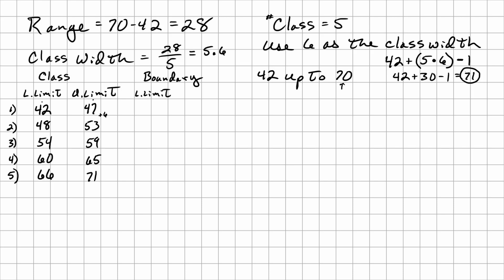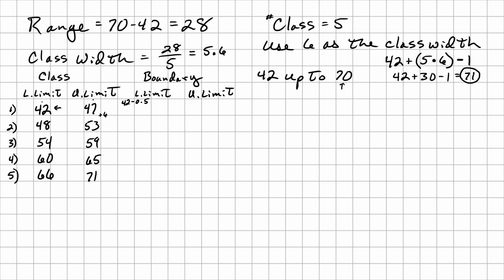We're going to have a lower limit for the boundaries, and we'll have an upper limit for the boundaries. Now, the lower limit is going to be 0.5 subtracted from your class value. So here's my lower limit for my first class of 42.